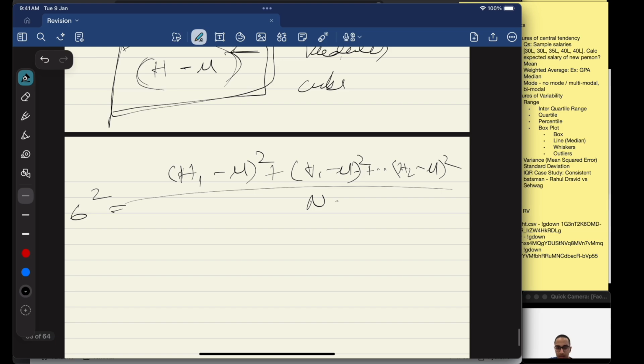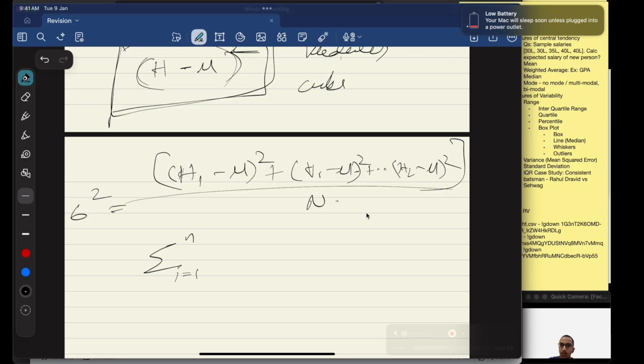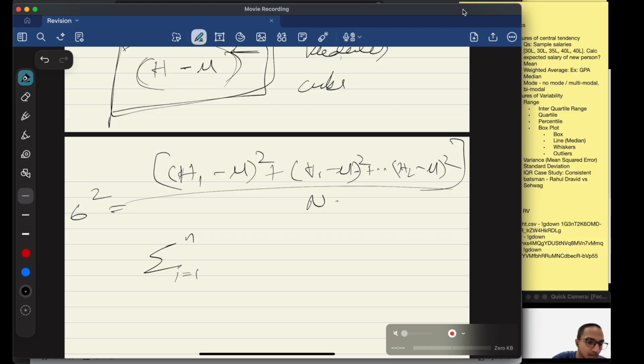Now, since writing all this is tedious, we take a short form: sigma, 1 to n, hi, which is our data point i, which is our heights. In this case, we can even call it xi just to make it more general. The x is the h here, minus mu. Mu is our mean, whole square, over n.